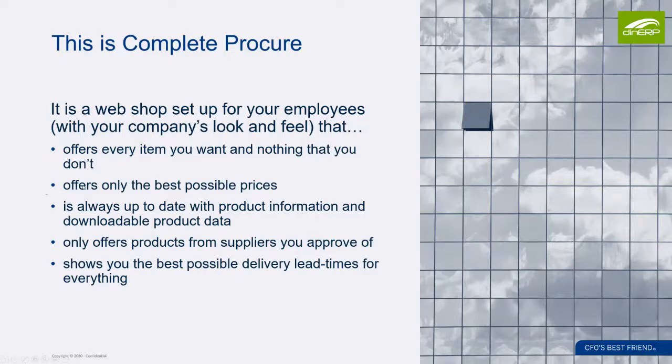It offers only the best possible prices, is always up to date with product information and downloadable product data. It only offers products from suppliers you approve of, and also shows you the best possible delivery lead times for everything. So it is a modern web shop, or what you can call the Amazon for internal procurement.